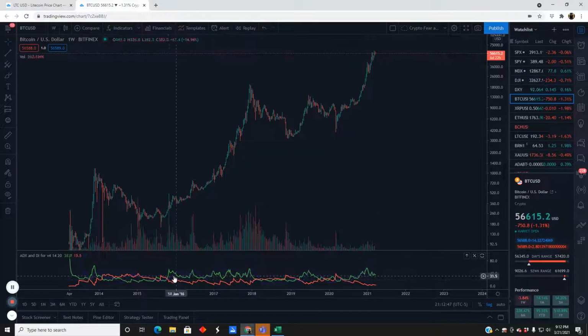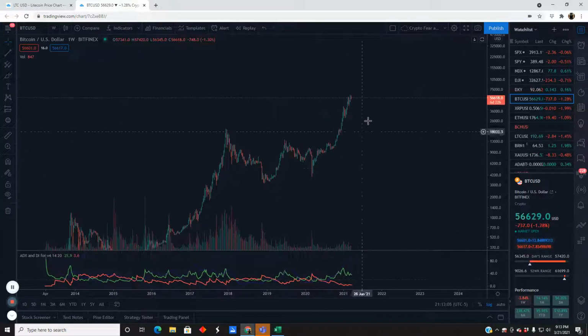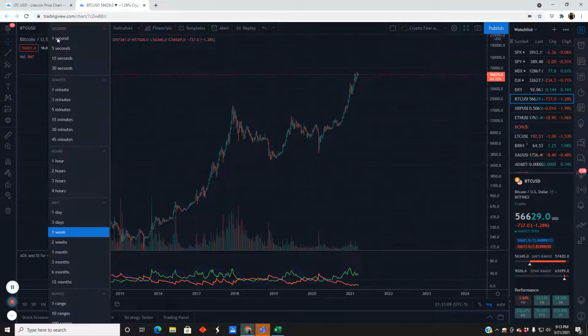We're still open right here, and during this bull run we were still open. We were completely open until we crossed right here. And we've been completely open as well. Momentum is a lot stronger this run. I mean, obviously it went completely straight up. But that's on the weekly.